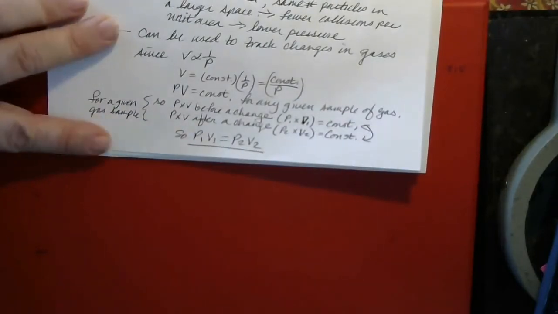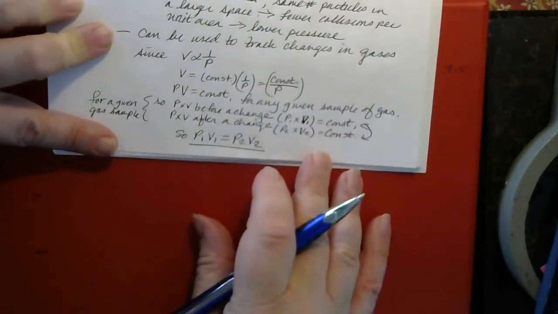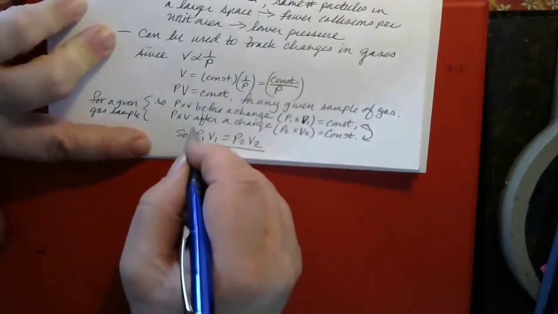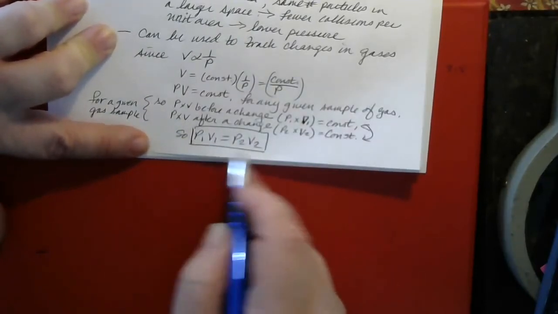And since P1 times V1 is equal to something, and P2 times V2 is equal to that same thing, that means that they're equal to each other. So Boyle's law is usually expressed as P1 V1 equals P2 V2.